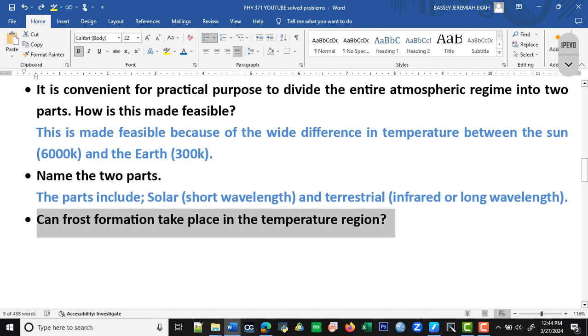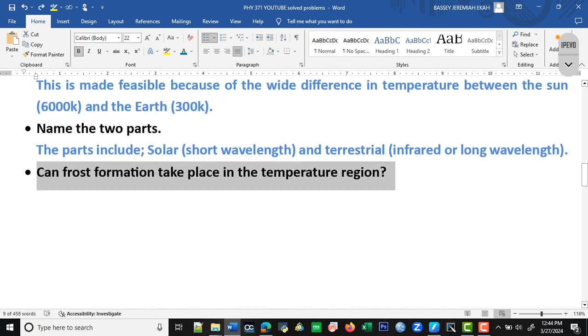The next question says, can frost formation take place in temperate region? When we talk about temperate region, it's simply the region of the globe where we have the latitude 40 degrees to 60 degrees north and south of the equator.